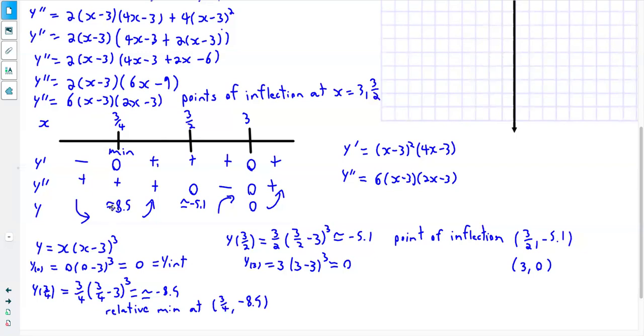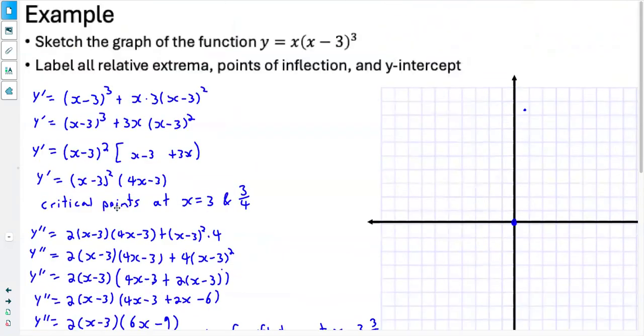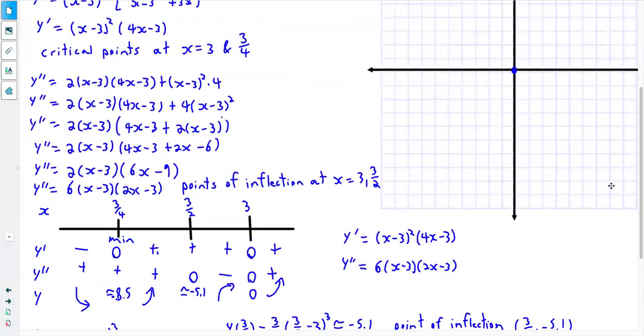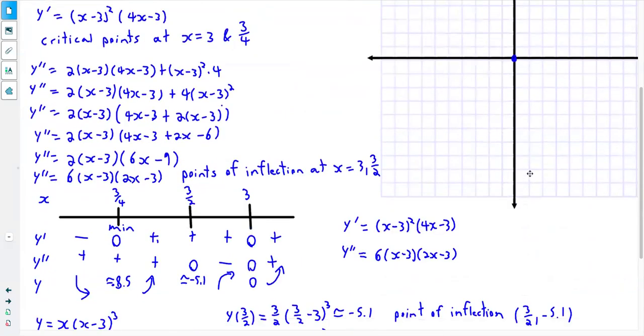I'll just erase that quickly. So at negative 8.5, then at 1.5 or 3/2, we're at negative 5.1. Then at 3, we were at 0.